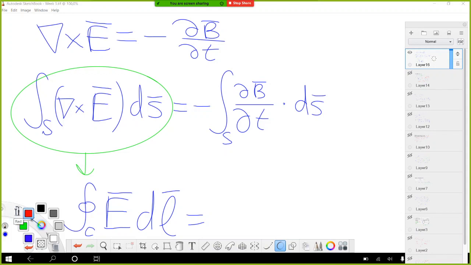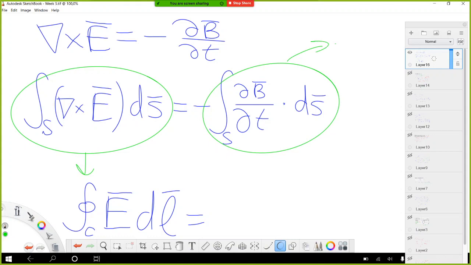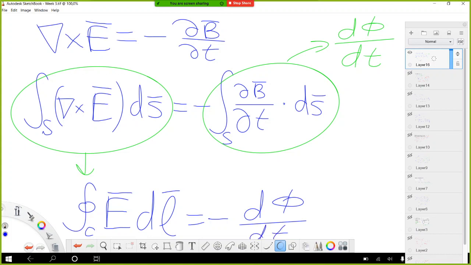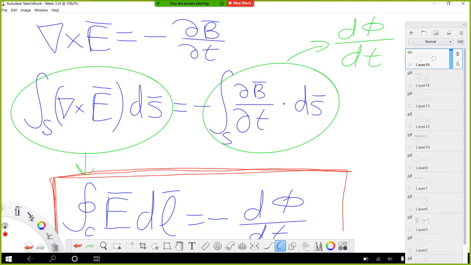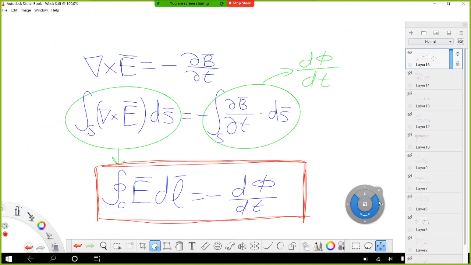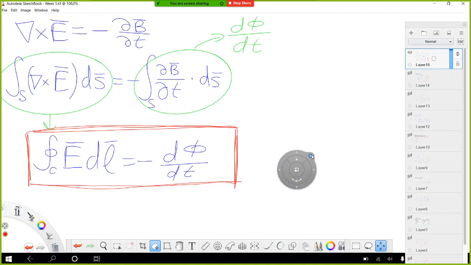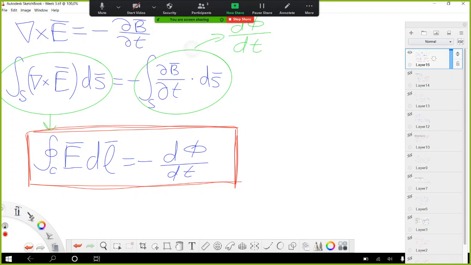And this one gives us dF over dt, so it will be equal to minus dF over dt.